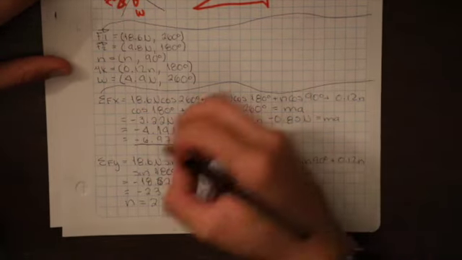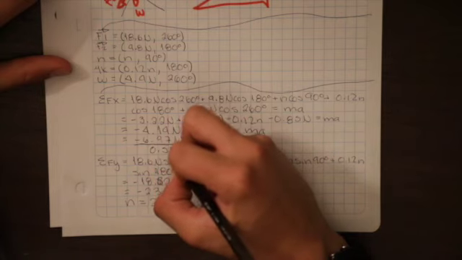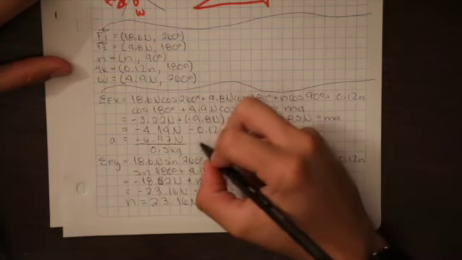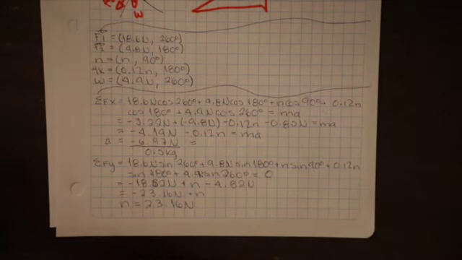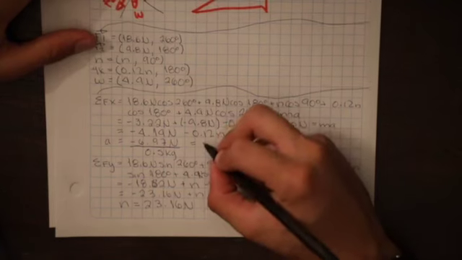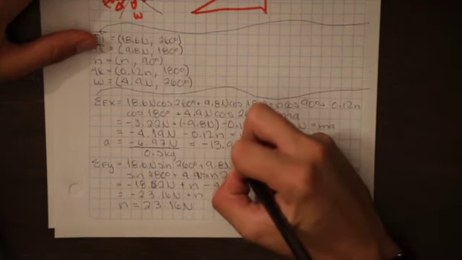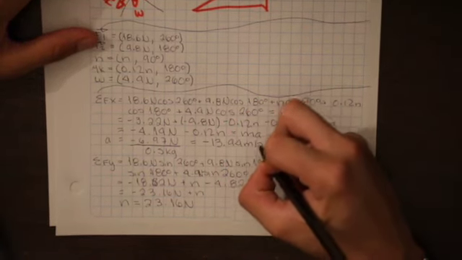divided by m, which is gonna be 0.5 kilograms. This is gonna be acceleration, and I'm gonna do the calculation. Yeah, and the result is this one, 13.94 meters per second squared.